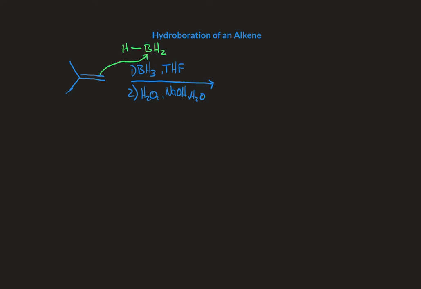But we're going to give some electrons from the alkene to the boron, and then the hydride, or the bond between boron and hydrogen, is going to come and go to the most substituted carbon in that alkene. And that's going to give you an intermediate where the H goes to the most substituted carbon and the boron goes to the least substituted carbon.